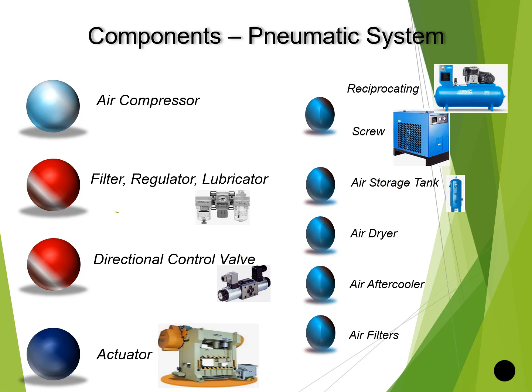The stored air as required is taken into the system and given desired direction by a directional control valve. This air is then used by tools, machines, etc. I made my presentation briefly explaining the above three stages of the pneumatic system.